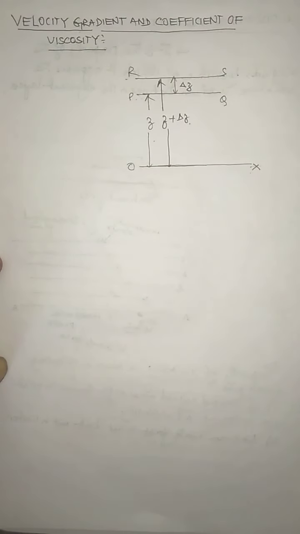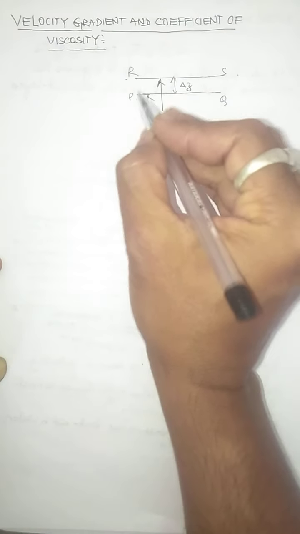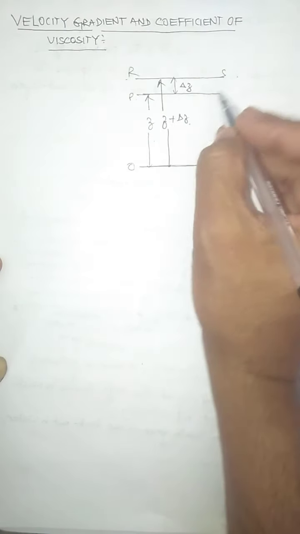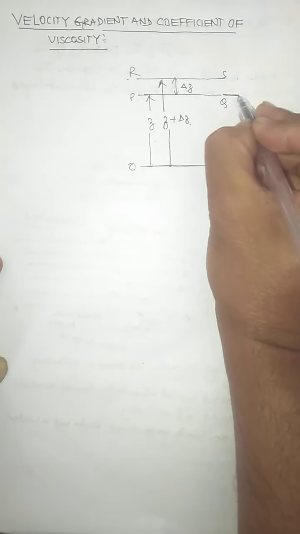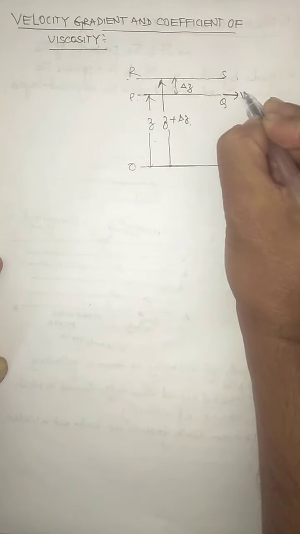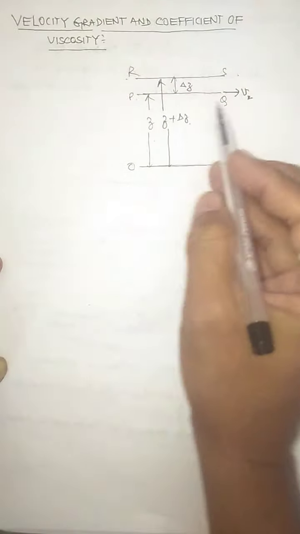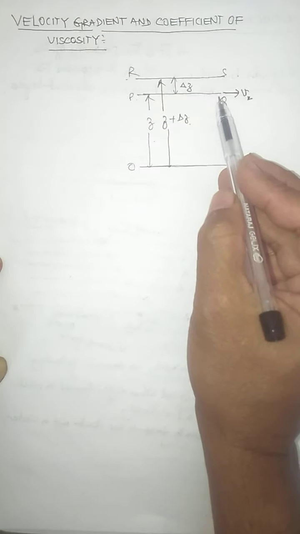Now I consider that the particles on layer PQ are flowing with a velocity, and I consider this velocity as Vx. All the particles flowing in this layer acquire a velocity Vx.